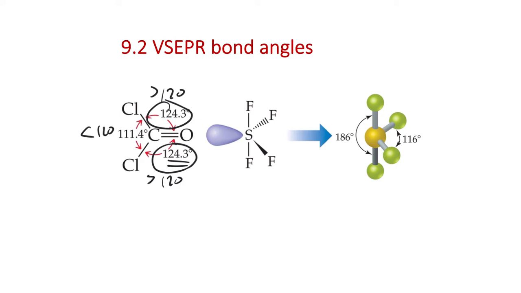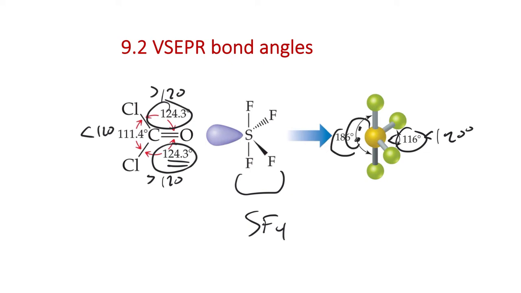And so then if we have SF6, or excuse me, SF4, the structure here, again, we would have predicted about 120 for this bond angle here from perfect trigonal planar, and it's a little bit less than 120 due to that lone pair interaction. So that lone pair is pushing those bond angles closer together, so that this bond angle here is more like 174 degrees instead of being about 180.